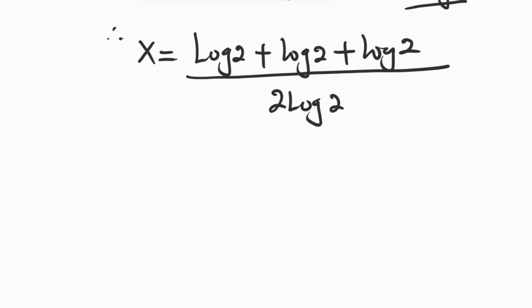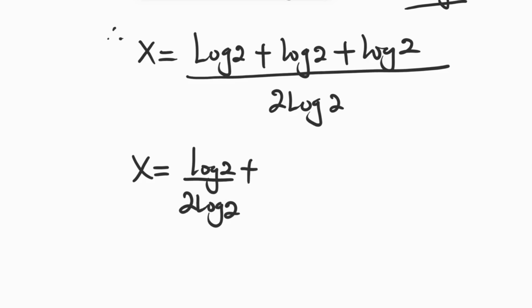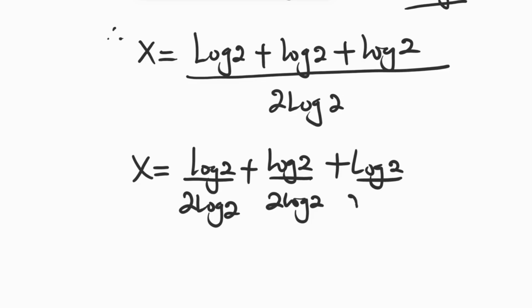So now let us rewrite the right hand side as standalone fractions. And so we have x equals log 2 divided by 2 log 2 plus log 2 divided by 2 log 2 plus log 2 divided by 2 log 2.